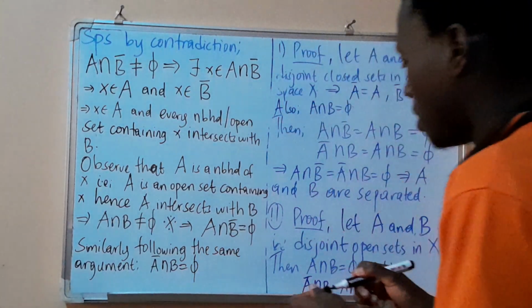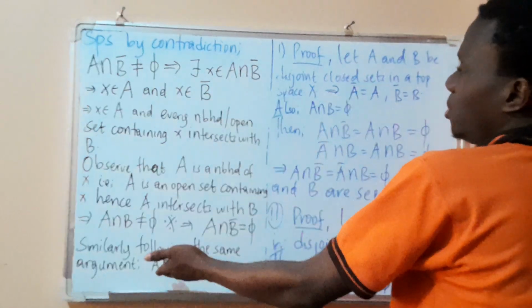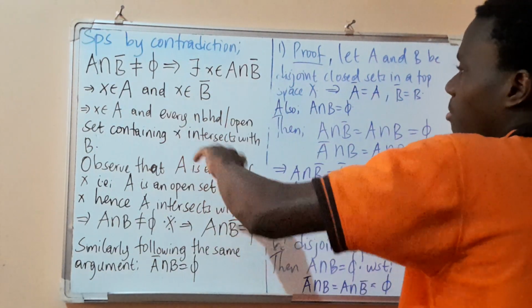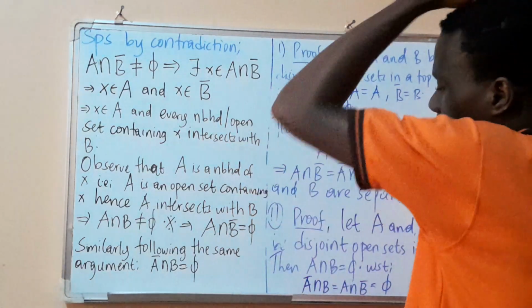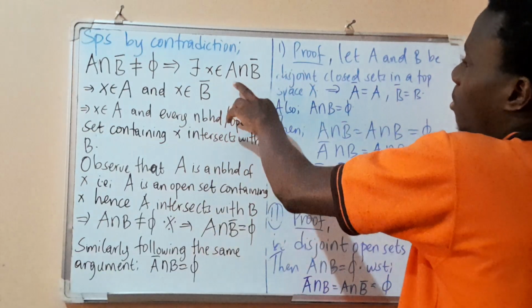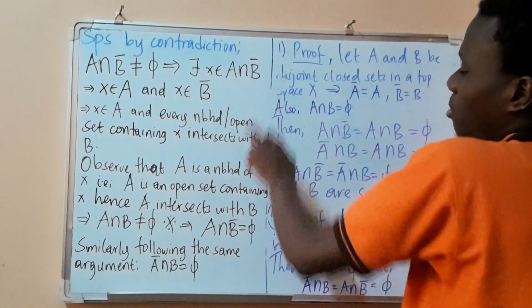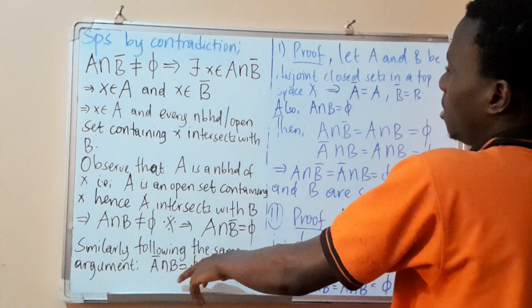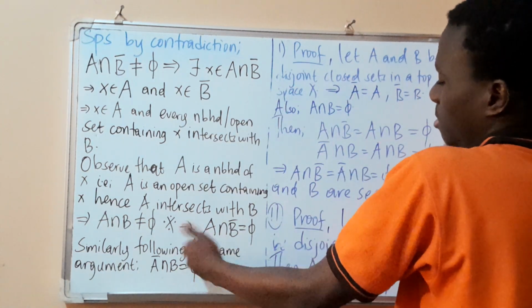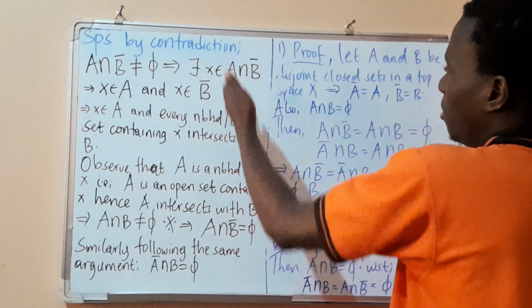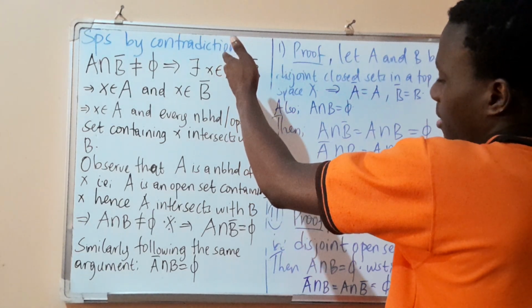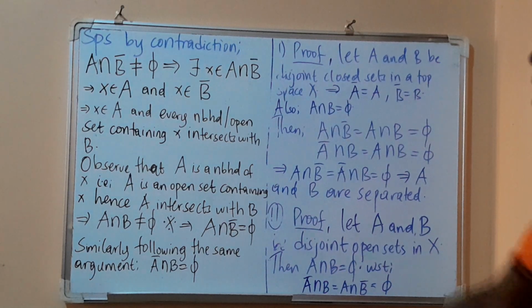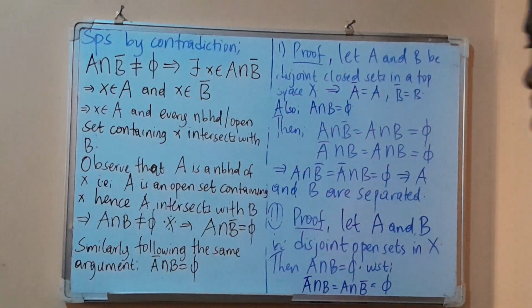You can also prove this by contradiction. Suppose that the set is not empty, via the same thing. It's just a matter of changing the roles, because here we had B closure. So to prove this, you just change the role of B. What was B closure is interchanged to B, and what was A now becomes A closure. You just interchange the roles, then you realize that this is also an empty set.